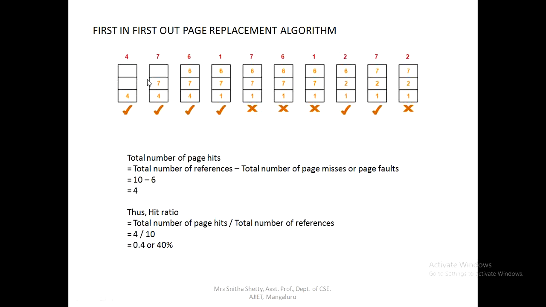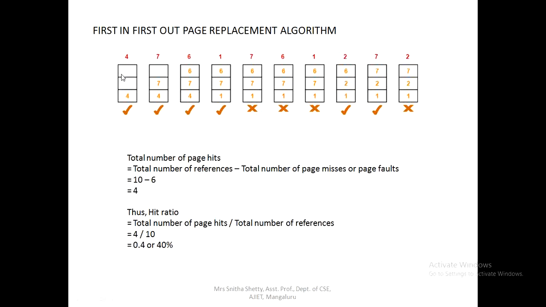This is known as a frame. I can call these locations f of 0, f of 1, f of 2, and this is the string: s of 0, s of 1, s of 2, s of 3, s of 4, s of 5, s of 6, s of 7, s of 8 and s of 9, and these are the frames. So frames are f of 0, f of 1 and f of 2.